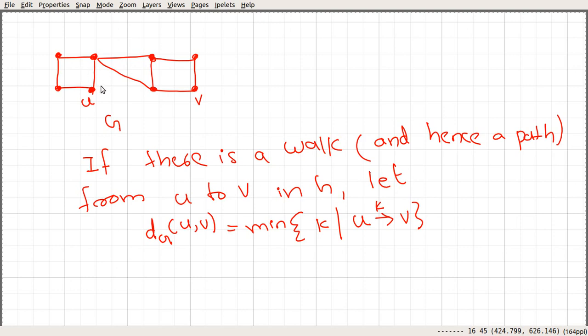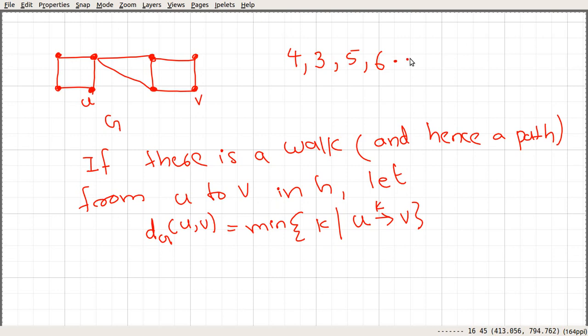In this case, you can see that if you follow this path 1, 2, 3, 4, the length of that walk is 4. Another walk could be 1, 2, 3, and the length of that walk is 3, and another walk could be 1, 2, 3, 4, 5, the length of that walk is 5, and another could be 1, 2, 3, 4, 5, 6, the length of that walk is 6.